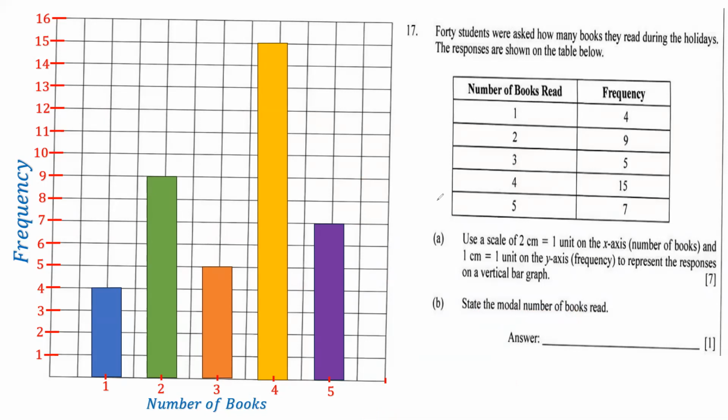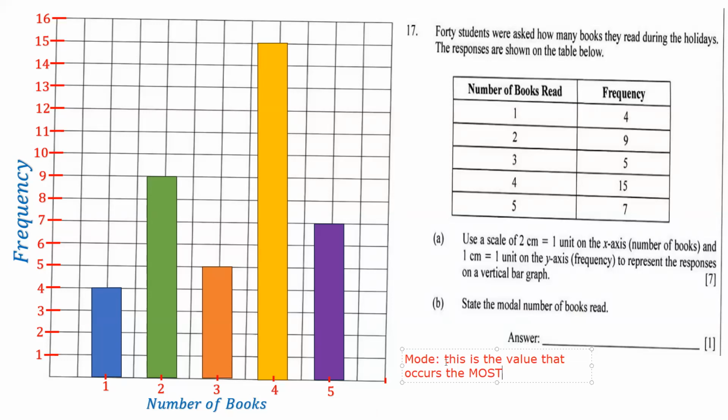When we say mode, we mean the most popular value. Mode is the value that occurs the most. Or we say this is the most popular value of the data set.